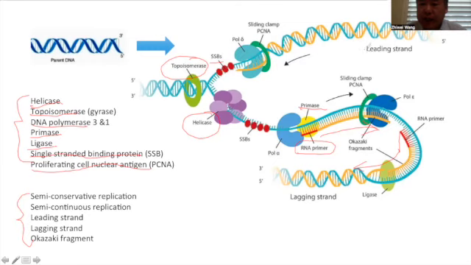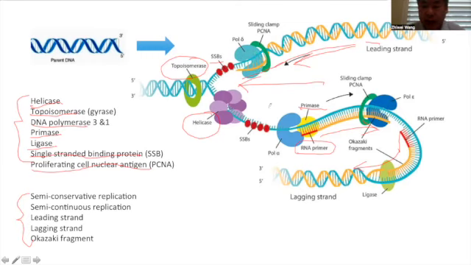On the other strand it's the same: initially the RNA primer is bound, then DNA is synthesized along the parental DNA strand. Because the double strand opens up in this direction, forming a fork, DNA synthesis can proceed continuously on this strand, with the sliding clamp of PCNA and the DNA polymerase adding new nucleotides to the chain.